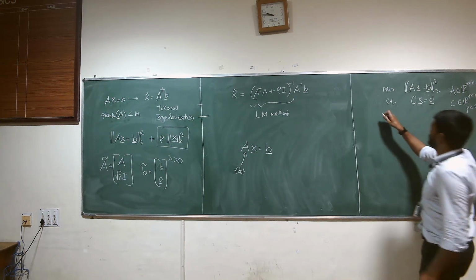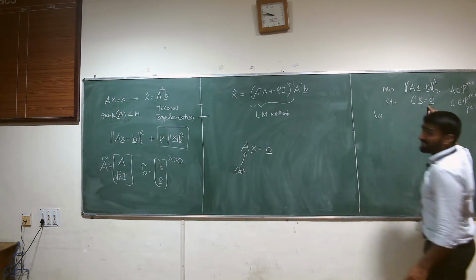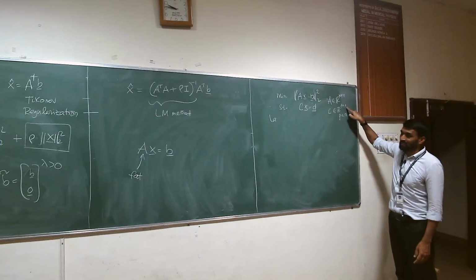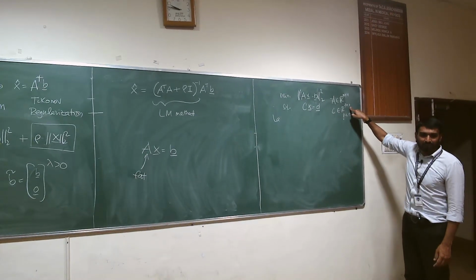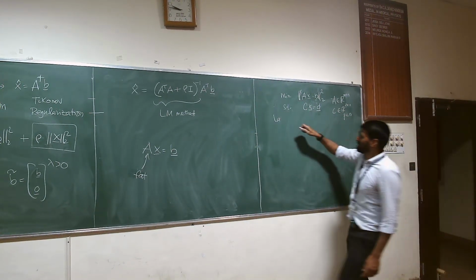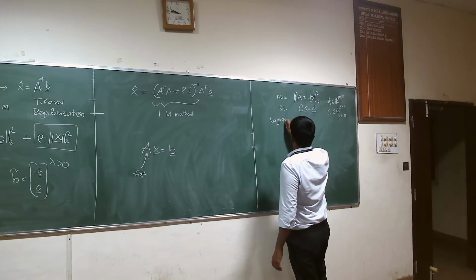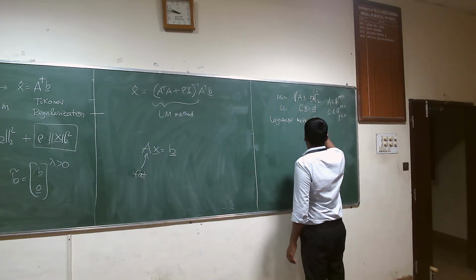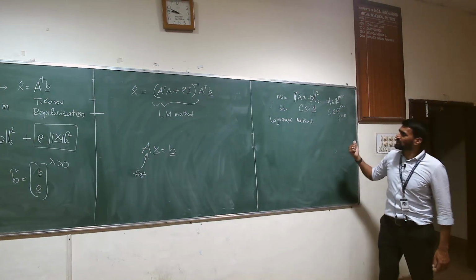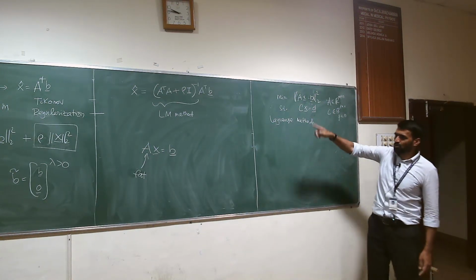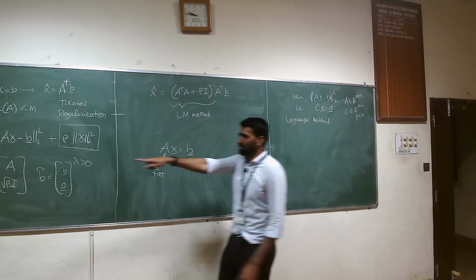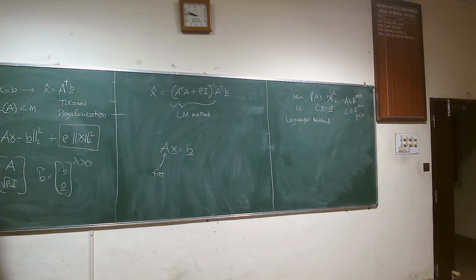So I want you to use the Lagrange method. So this is an equality constraint. How many equality constraints do we have here? This is a P cross n matrix, so we have P equality constraints. So you use the Lagrange method to arrive at this particular expression that you see here.